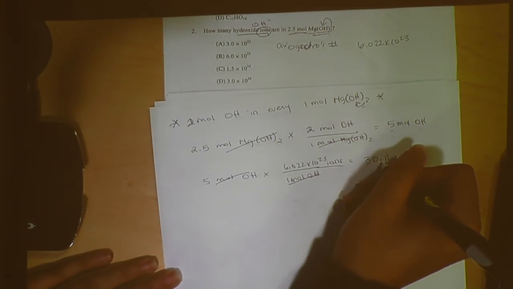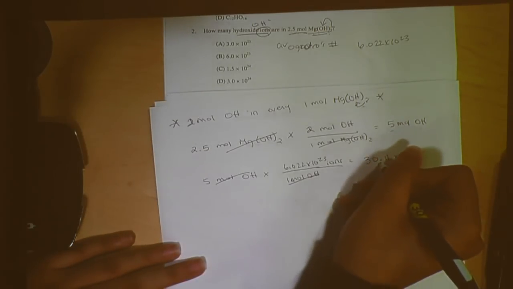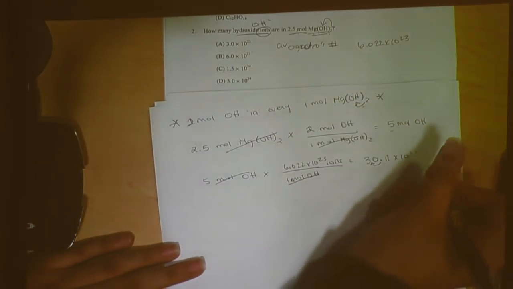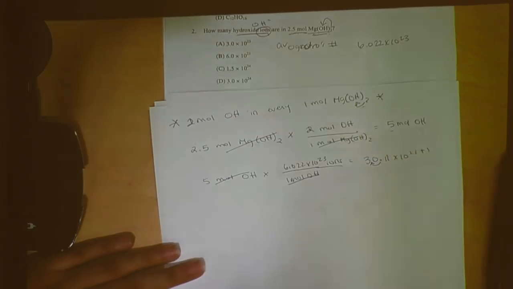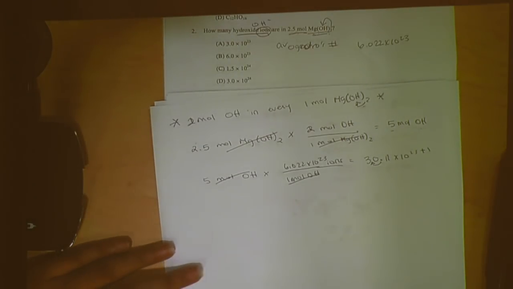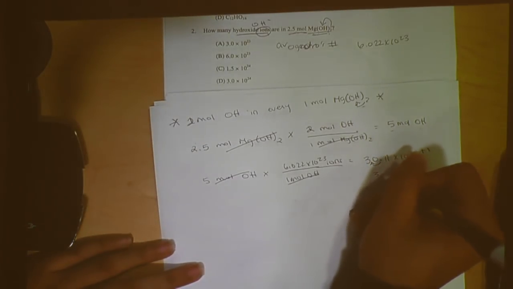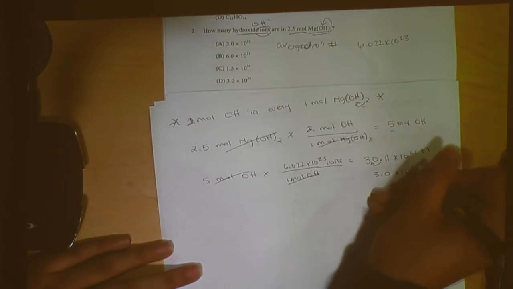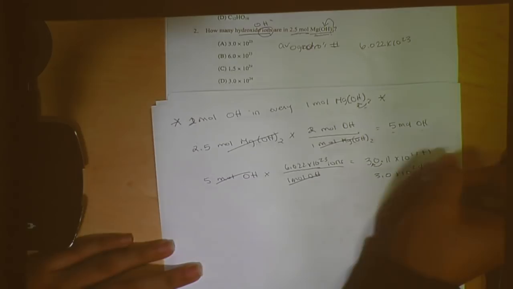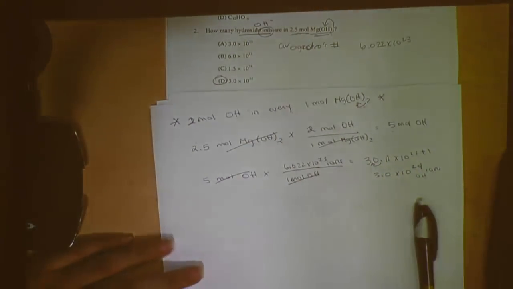But since none of the answers here match 30, because scientific notation is just one number before the decimal, I have to move this decimal point back 1. So anytime I move this decimal point back 1, I'm going to increase the exponent. So it's really as if I'm saying 3.0 times 10 to the 24 OH ions. So D is my answer.